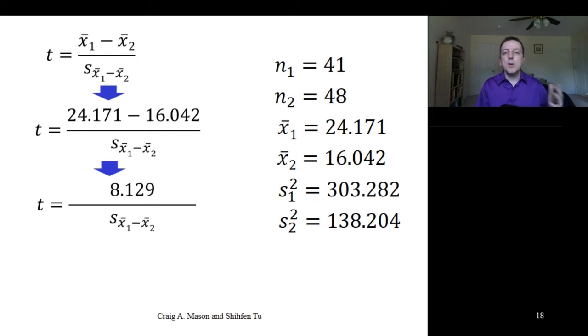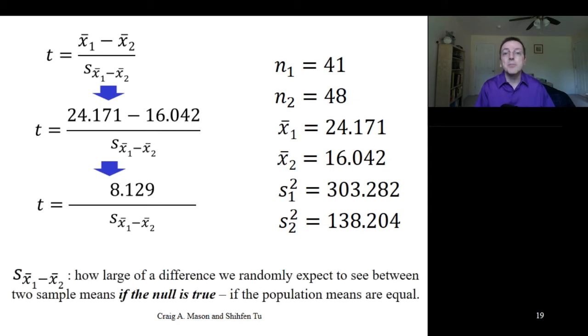Now, we don't expect two sample averages to be exactly the same, even if the means for their populations are exactly the same. There'll always be some degree of variability, some difference just due to random chance variability in our samples.